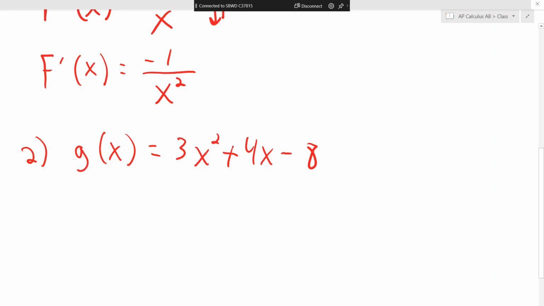Everybody knows that's just a super sweet parabola. And g prime of x here is 6x plus 4.